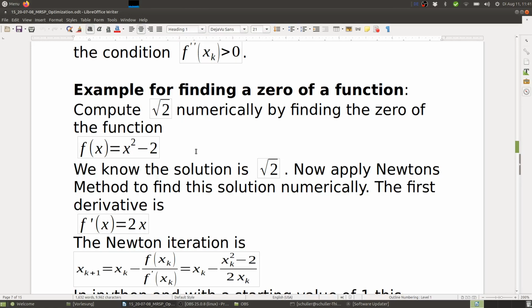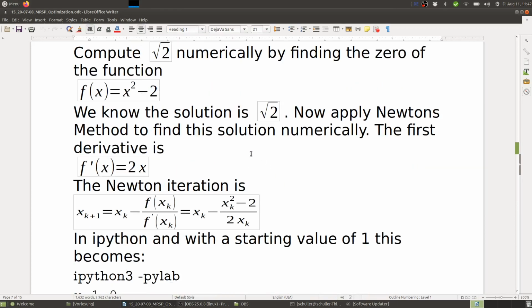So actually the 0 point of this function is the desired solution. So we can put actually any number here. Instead of 2, we can have a 3 or, I don't know, a 10 or whatever, and then we have the square root of this number. Right, so very convenient. So this is actually then a formulation for a general square root.